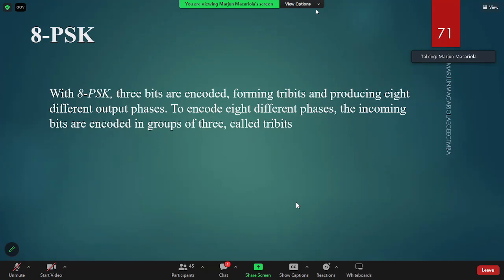Okay, so during our last discussion, we tackled that in QPSK, to find the number of bits, the formula is N is equal to log base 2 of M. Okay, so in 8PSK, or 8 phase shift keying, the number of bits available is equal to 3.